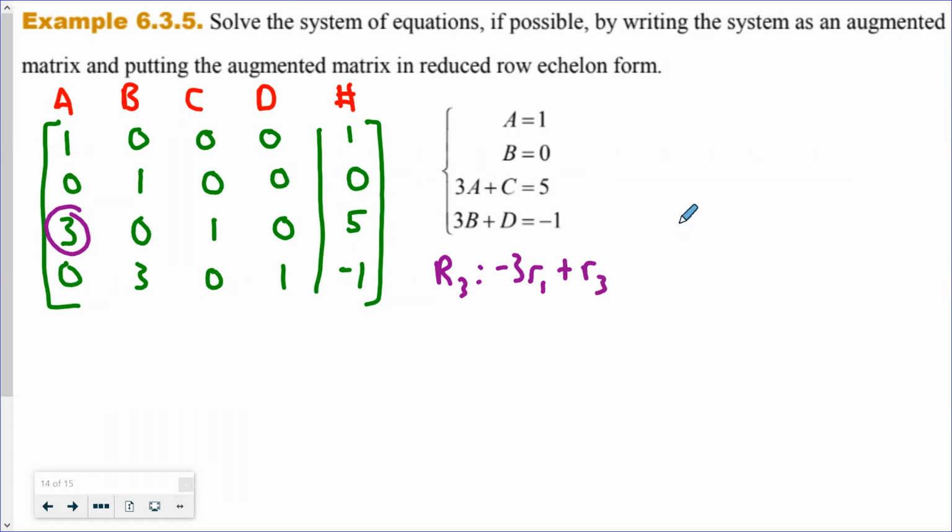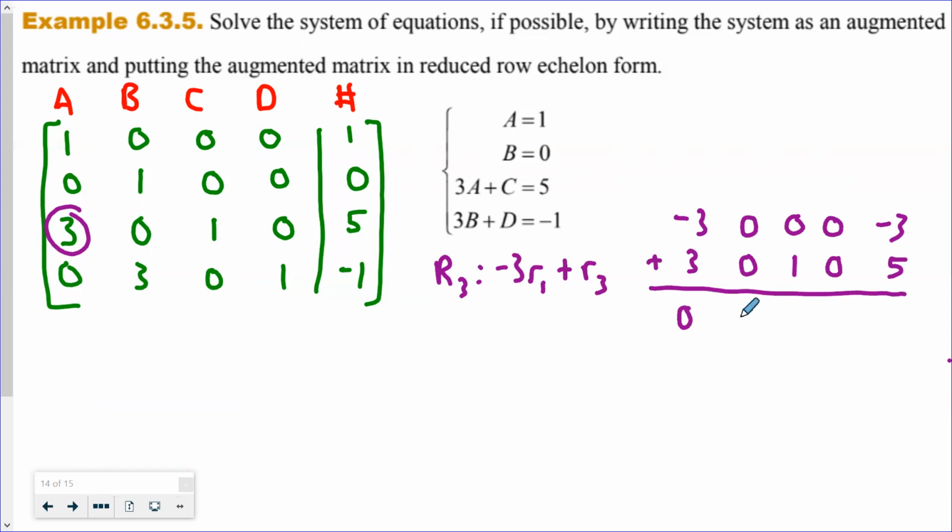When I do that, I'm going to get -3, 0, 0, 0, -3. We're going to add that with 3, 0, 1, 0, 5. When I add those together, I get 0, 0, 1, 0, 2.